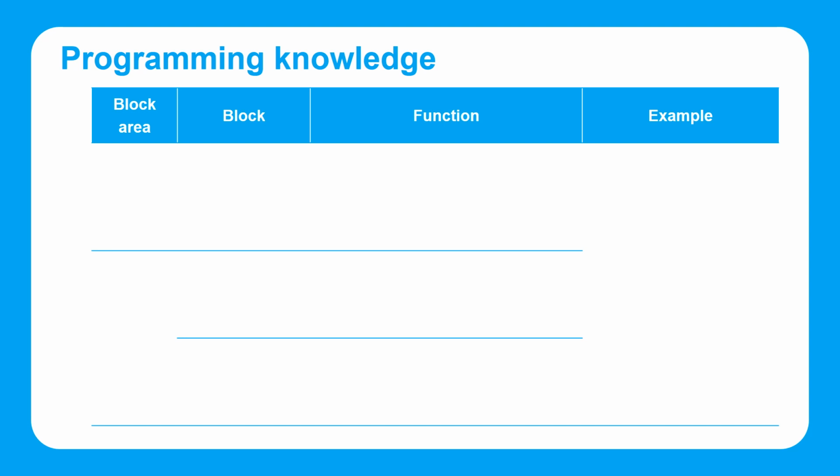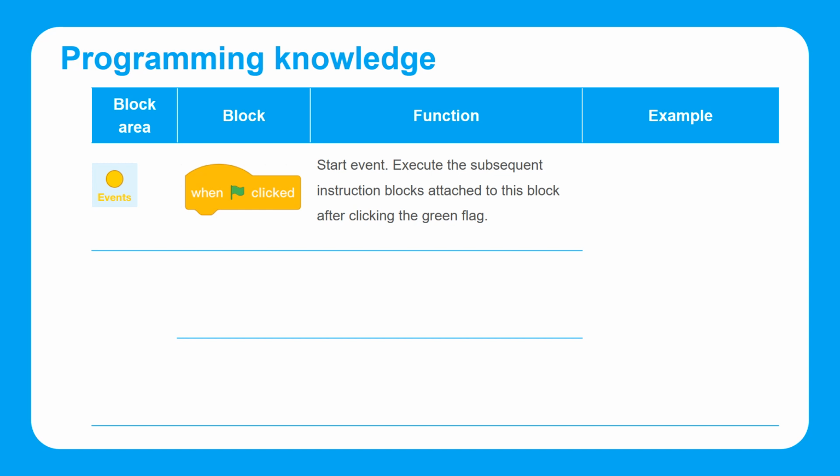Specific to this lesson, we will focus on just a few blocks. Remember, I need you guys to understand why we use these blocks. So the first block that we will use can be found in the Events tab. Looks familiar? Now think about anything that needs power to work. Let's say your computer. What's the first thing that you need to do in order for you to use it?